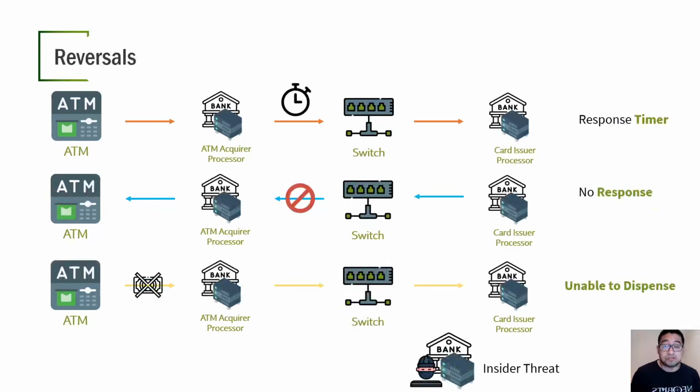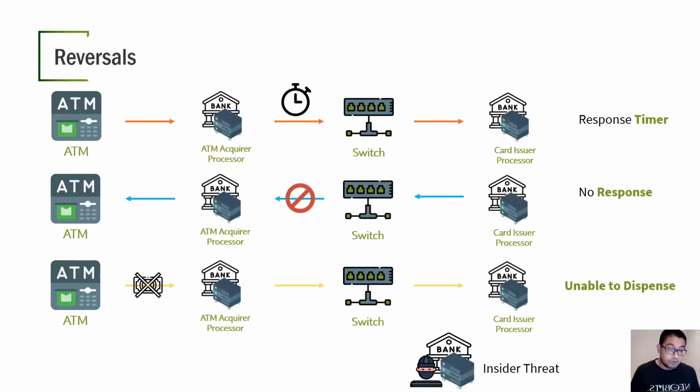So when does a reversal happen? These are normal reversals. A reversal happens when, for example, an ATM sends the packets and at some point there is no response. Every part in this flow has a timer, so if there is no response at some point of the flow, it will time out and a reversal could happen.